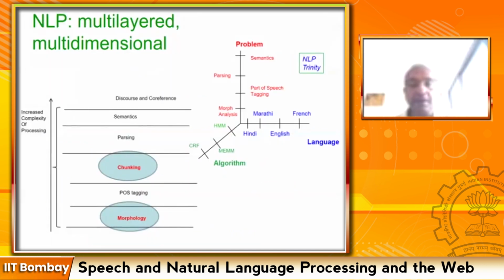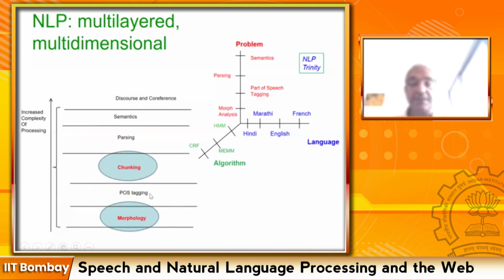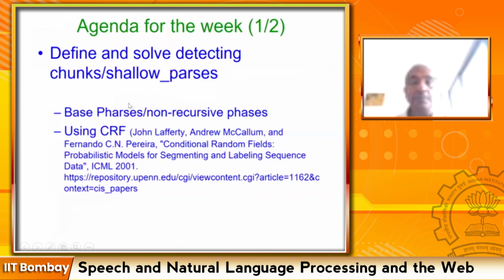So we are at the third layer of NLP stack, chunking, which is helped by part-of-speech tagging, and part-of-speech tagging in turn is helped by morphology. Now, short noun phrases, especially non-recursive noun phrases, are very important, for example, for question answering.